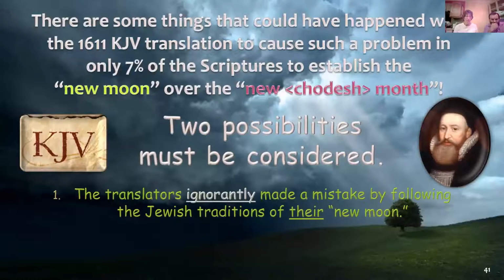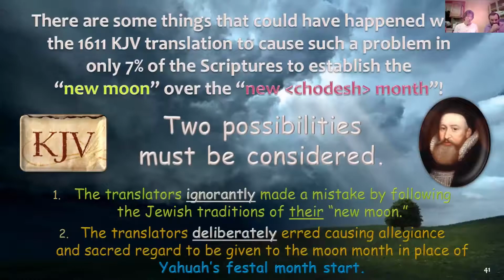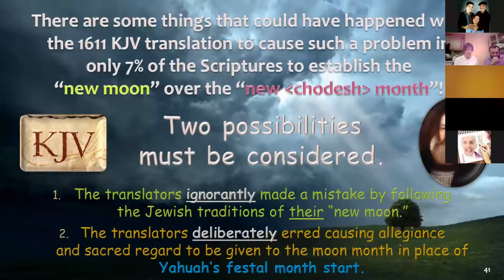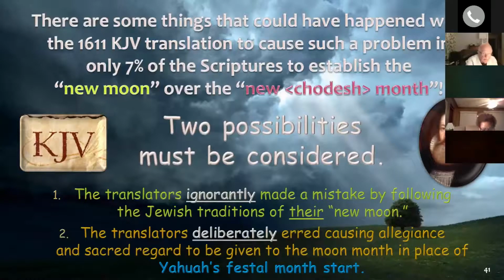They could have made a mistake by following the Jewish traditions of their new moon, right? Yes. And number two, the translators could have done this deliberately. They could have deliberately erred, causing allegiance and sacred regard to be given to the moon month in place of Yahuwah's festal month start.